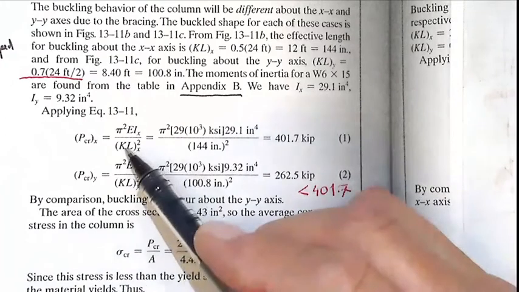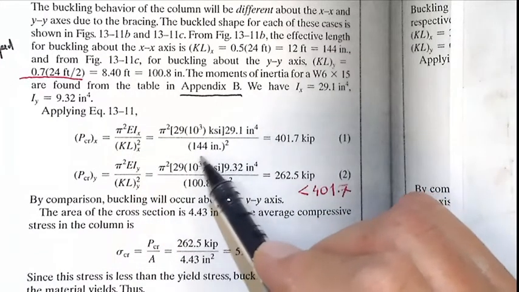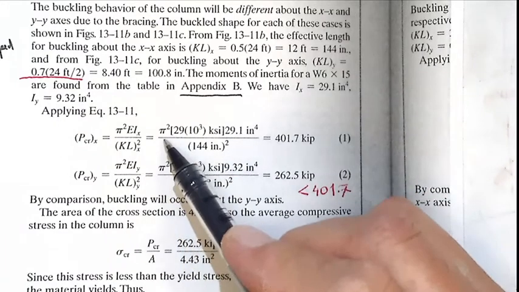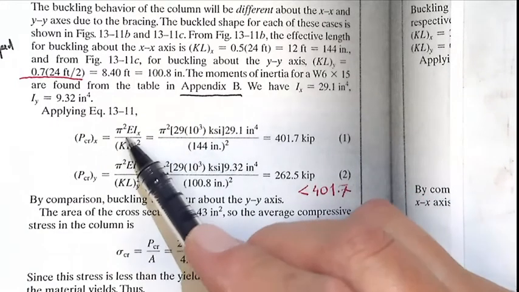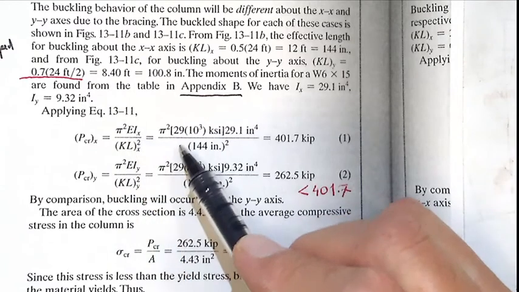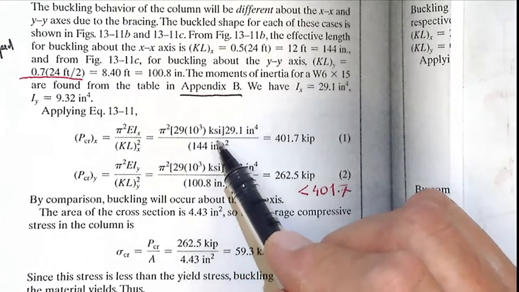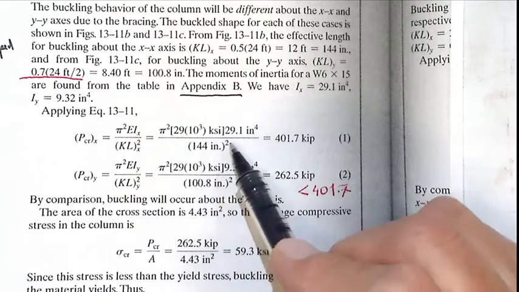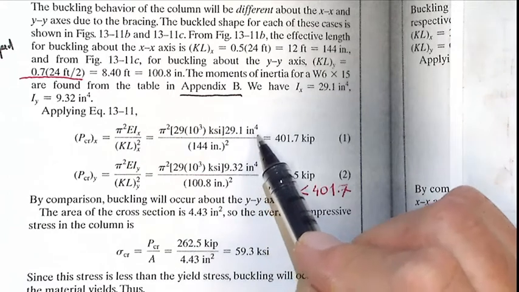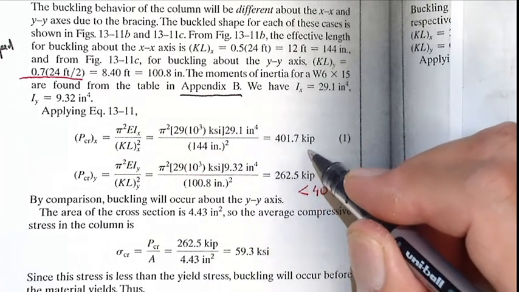We calculated this was 144 inches, so here we will have 144 inches squared. Here pi squared, E, the elastic modulus, 29 times 10 to the power 3 KSI, and then Ix equals 29.1 inch to the fourth power, will be 4017 kips.